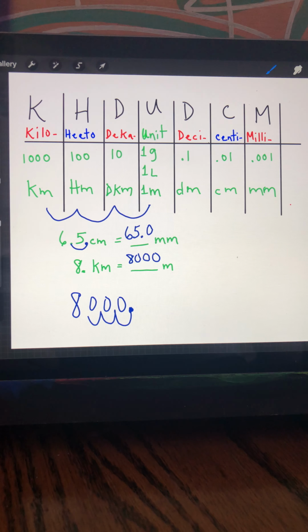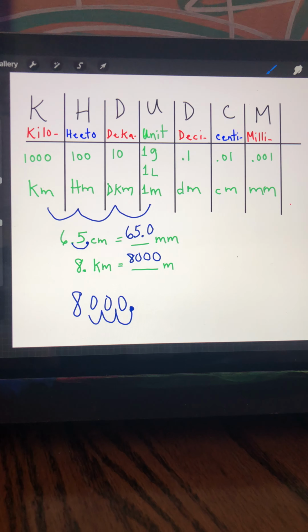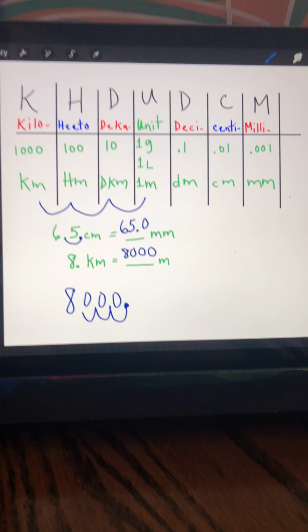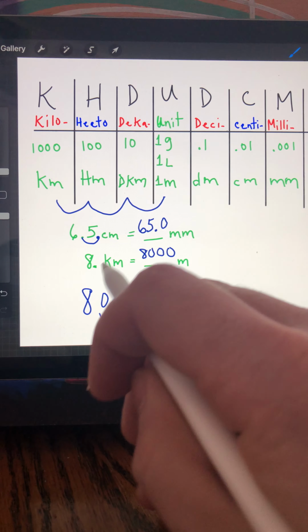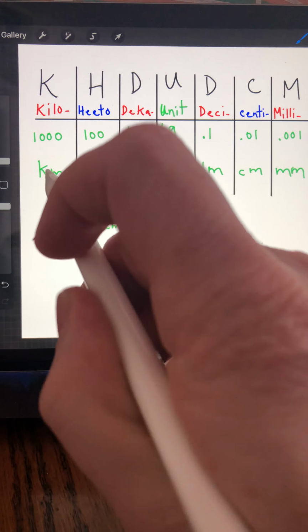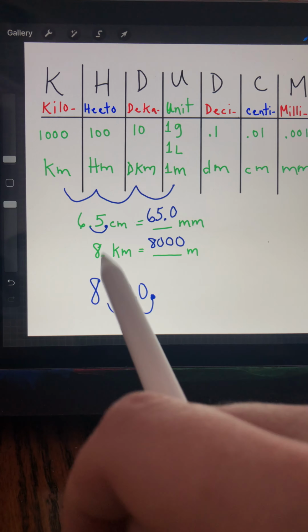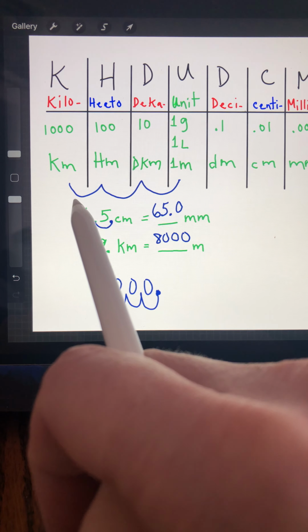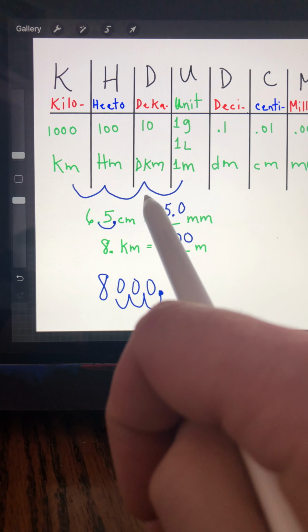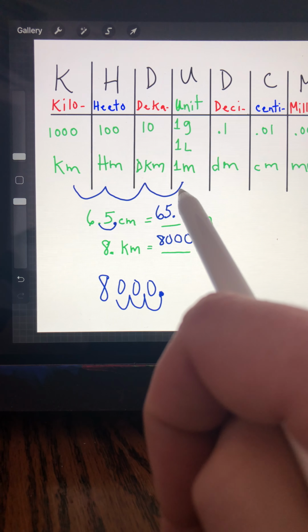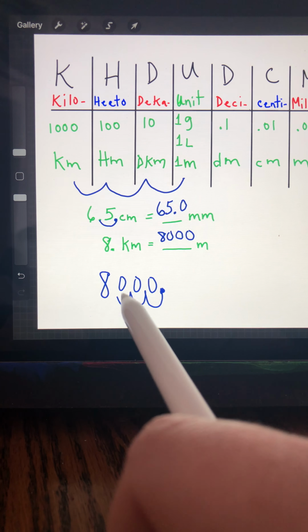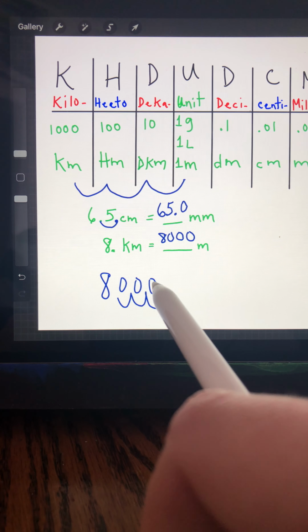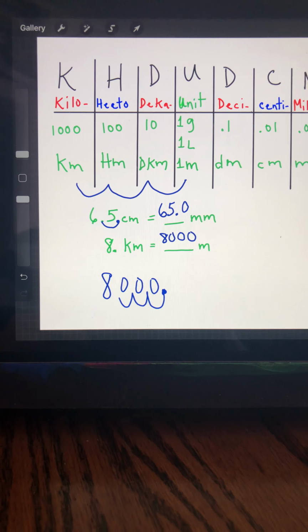We're going to use this to help us get through the practice page. So hopefully you find this video helpful. And remember, you always look at where you're starting. I started in the kilometers, and I was going to the meters, and I counted the hops. And whatever I do on this chart, that's what I'm going to do with my decimal. And wherever there's a missing value, I'm going to fill it in with a 0. And then we'll find the equivalence.